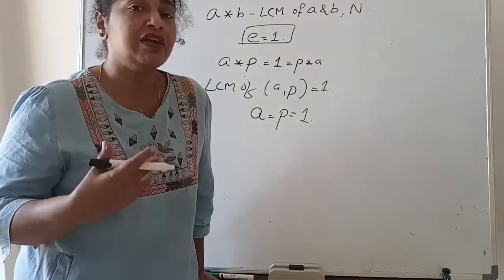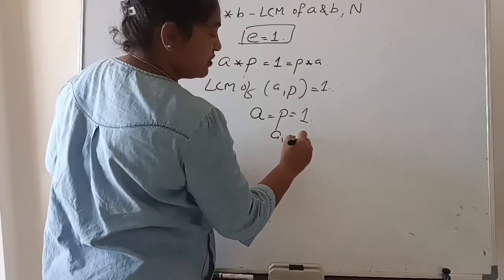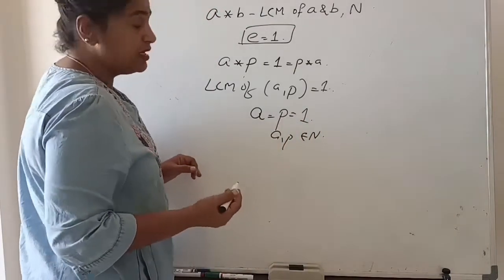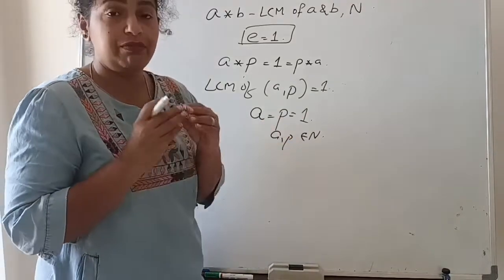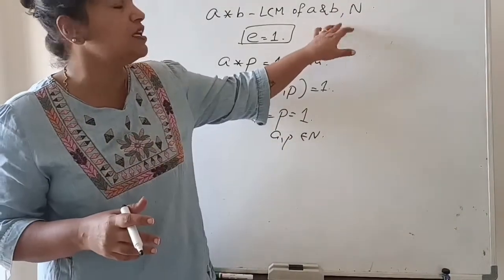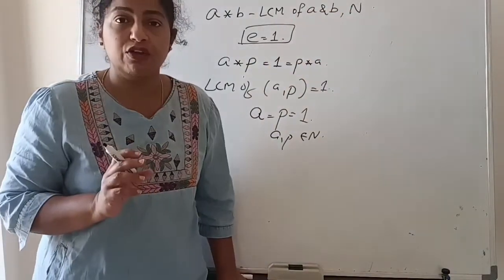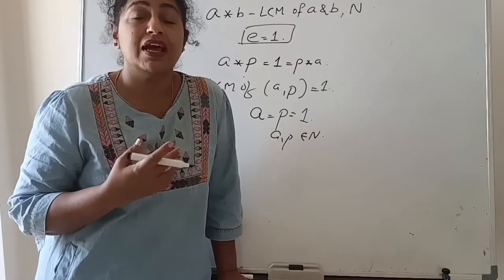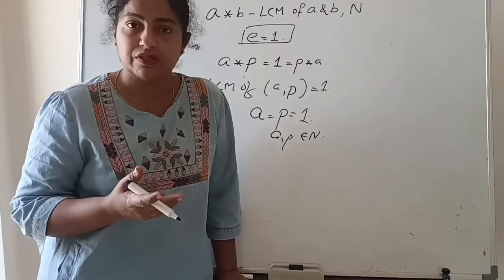So what do you understand from this? This particular A and P belong to the set of natural numbers, right? It basically means that 1 is the only element in this particular set N, defined under this binary operation, that is invertible, that has an inverse element. There is no other element that has an inverse.